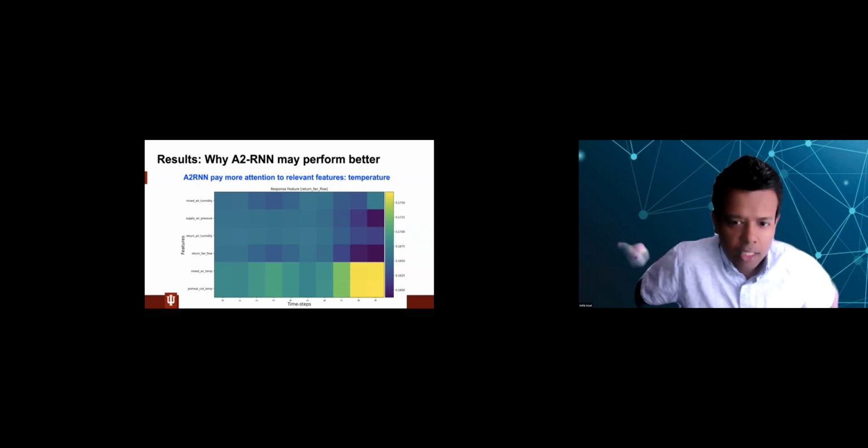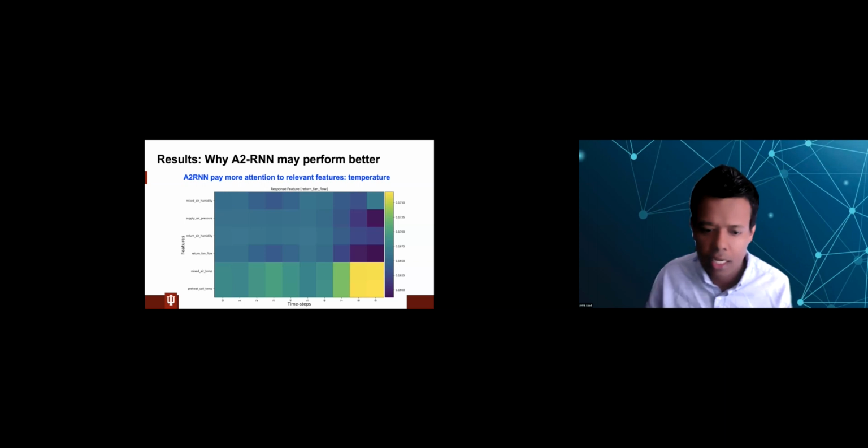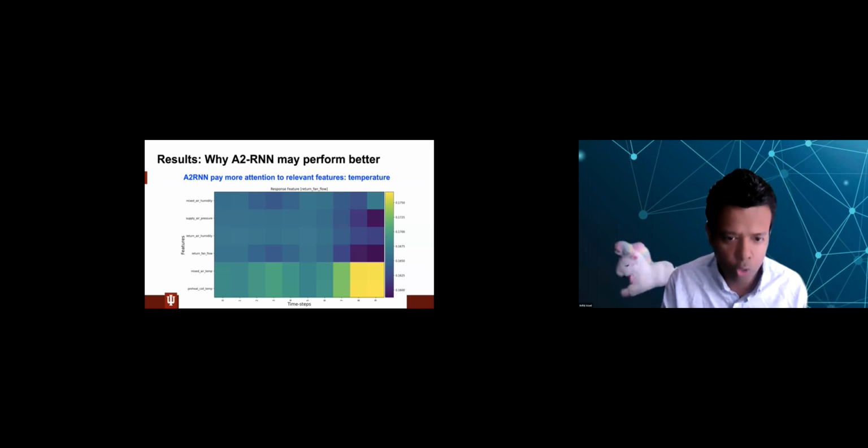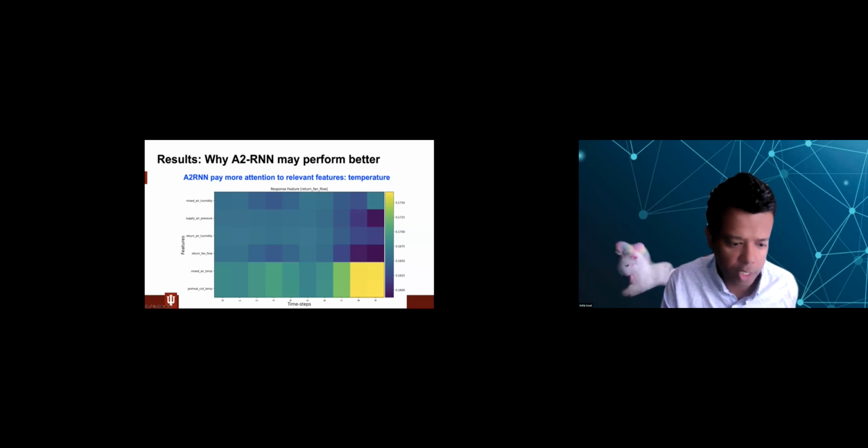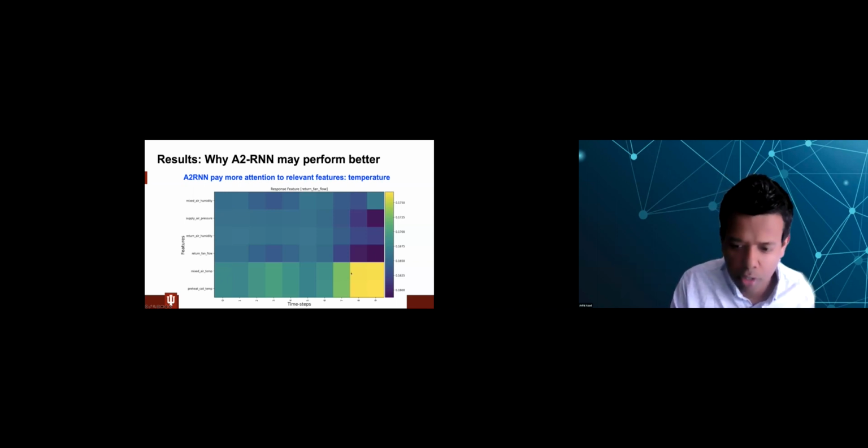We can see that we are learning the attention scores or weights for different variables at different time steps. To predict fan flow, we see that temperatures, mixed air temperature and preheat coil temperature, are more important.